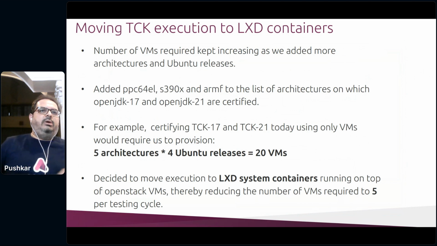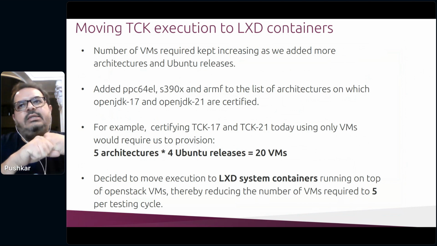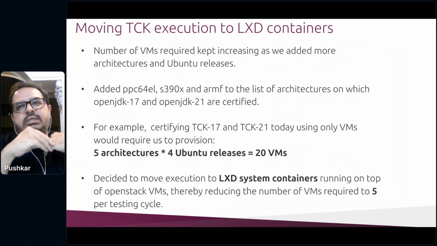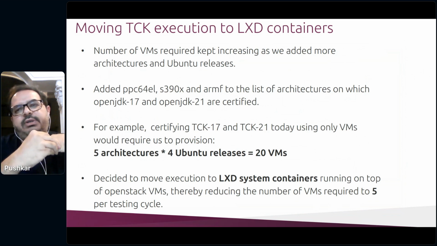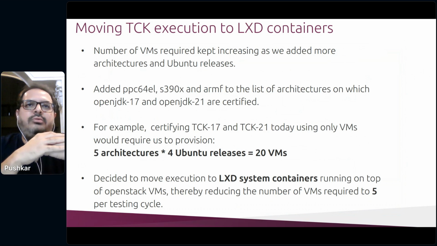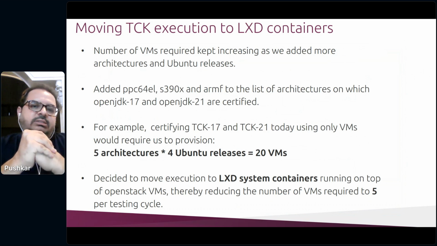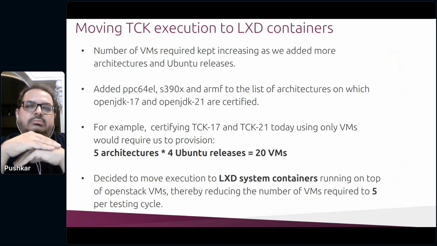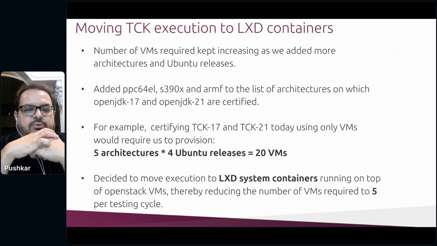So we had decided to run tests on OpenJDK 17, OpenJDK 21, and then on three Ubuntu releases and spanning 5 architectures. So the minimum number of VMs which we would need was 20. Getting VMs commissioned was not a problem, but managing all of them was.